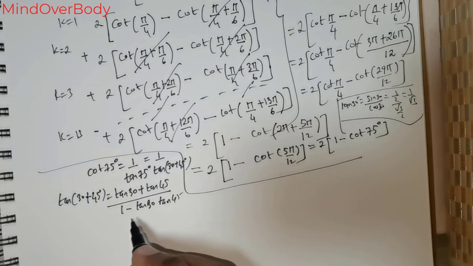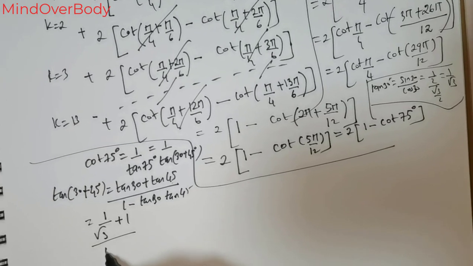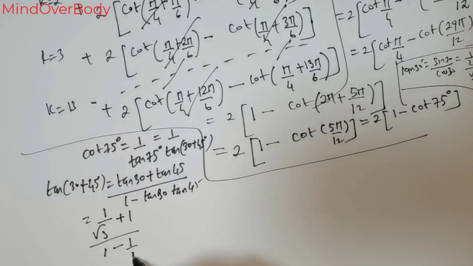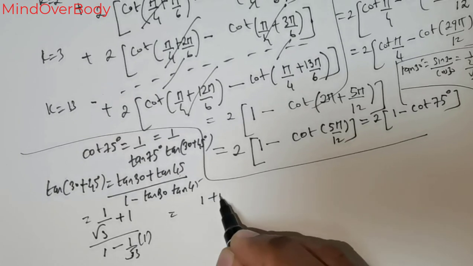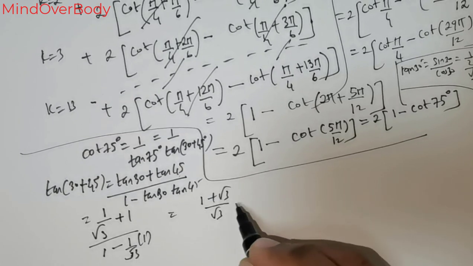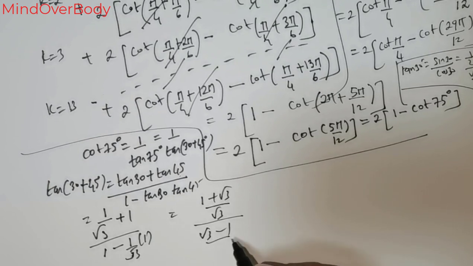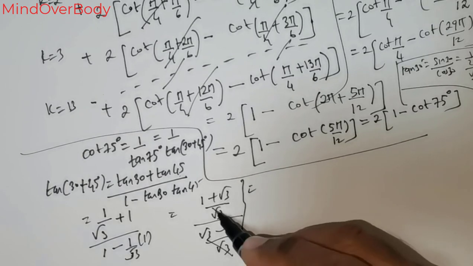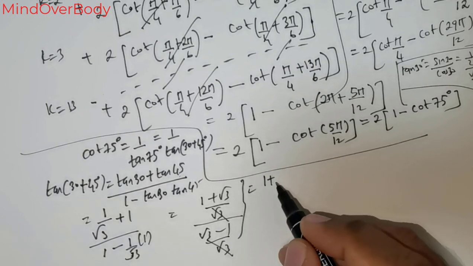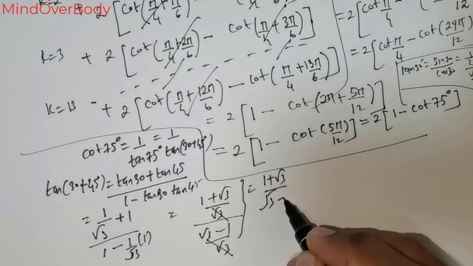So this is going to be 1 over root 3 positive 1 divided by 1 negative 1 over root 3 times 1, which is nothing but 1 positive root 3 divided by root 3 minus 1. I can rewrite this by cancelling the terms, and I will get 1 positive root 3 divided by root 3 negative 1.